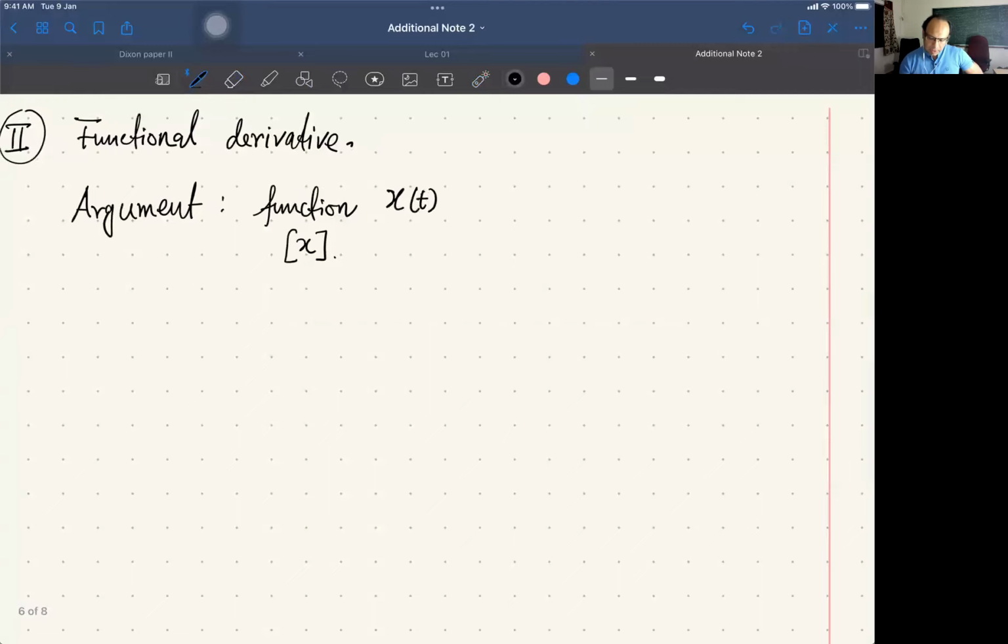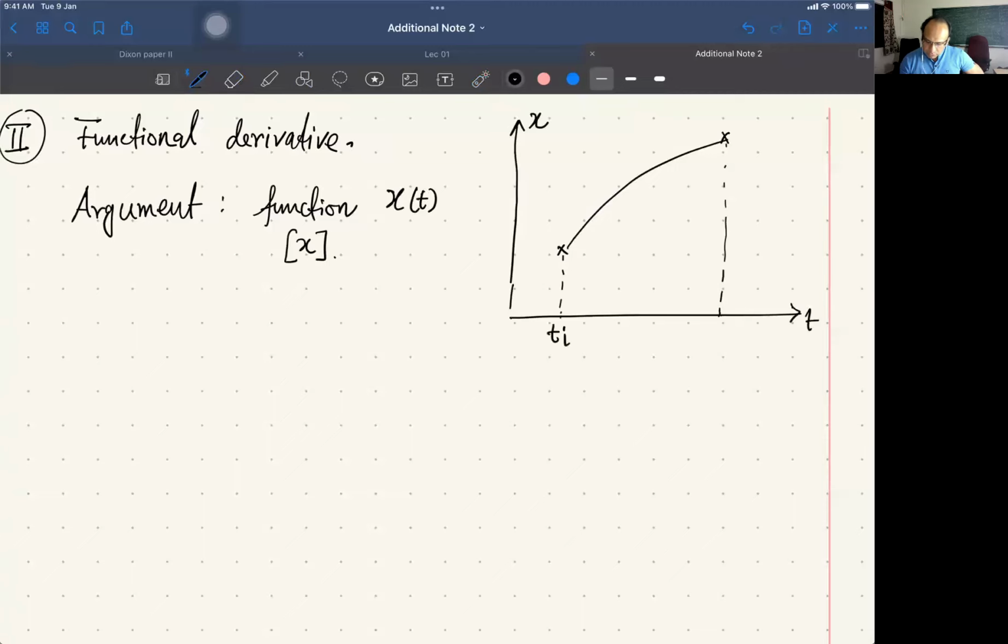Now, what we did for the integral calculus, if you recall, so this is your time and this is your x, and we have an initial point and the final point and a function connecting these two points, and then we divided the entire time period from ti to tf into discrete values, t1, t2, t3, and so on.